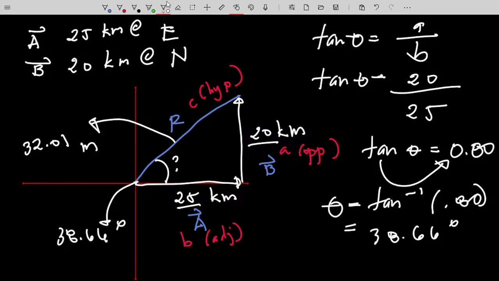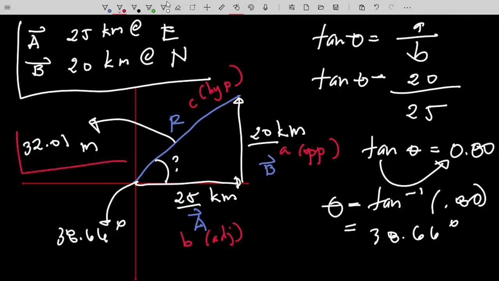So whenever you have a value like this one, we should get the magnitude of your resultant vector with a value of 32.01 meters, and the angle of your resultant vector with respect to the x-axis is 38.66 degrees.